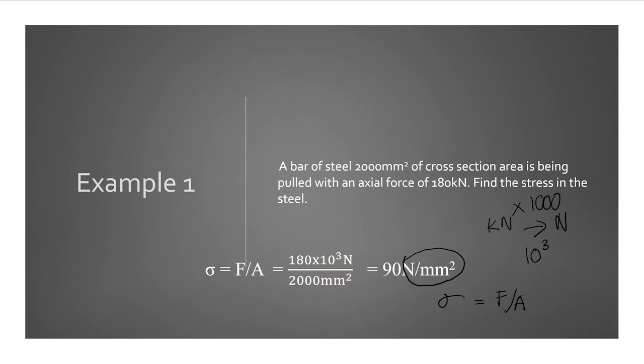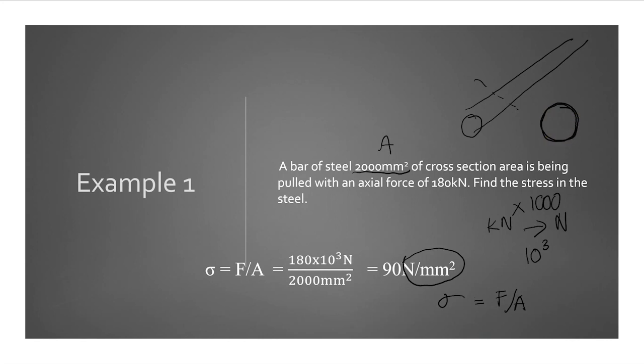And then you divide with the area which is given in the question. So this is the area of that steel bar. It means the steel bar is like this, right? So the cross-section area, if you cut it here, you also get a circle like this, the same.